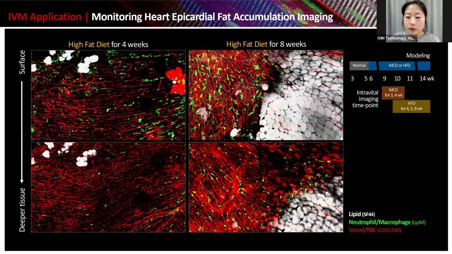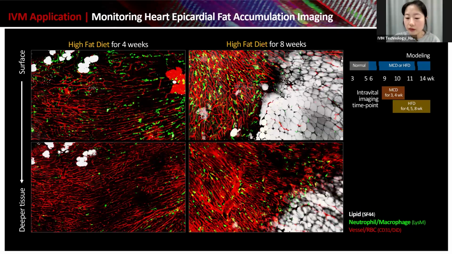And as you can see, prolonged exposure to the high-fat diet leads to a gradual increase in lipid droplet accumulation, and by the later time points, we also observed a higher number of infiltrating immune cells compared to the 4-week stage. So this suggests that progressive lipid deposition can trigger a range of cellular responses within the cardiac microenvironment.